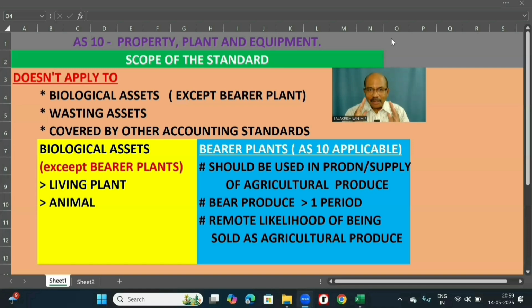Expected to bear produce for more than 12 months and not intended to be sold as agricultural produce except for incidental scrap sales. Examples: apple trees used to grow apples, tea bushes used to harvest tea leaves, grapevines used for producing grapes, rubber trees used to extract latex, coconut trees, mango trees, etc.